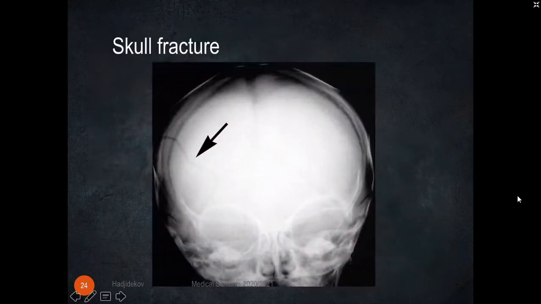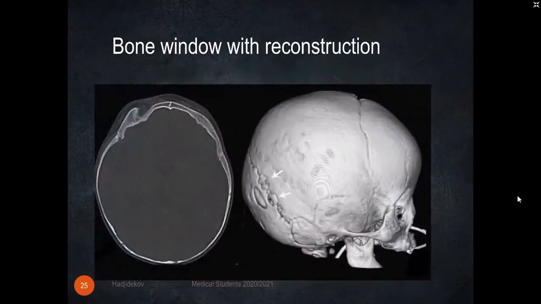If we go back to the conventional images, you can see at that level one skull fracture on the right side in the frontal and parietal bone, but we obtain much better image quality and much better information from the bone windows with reconstructions during CT evaluation.